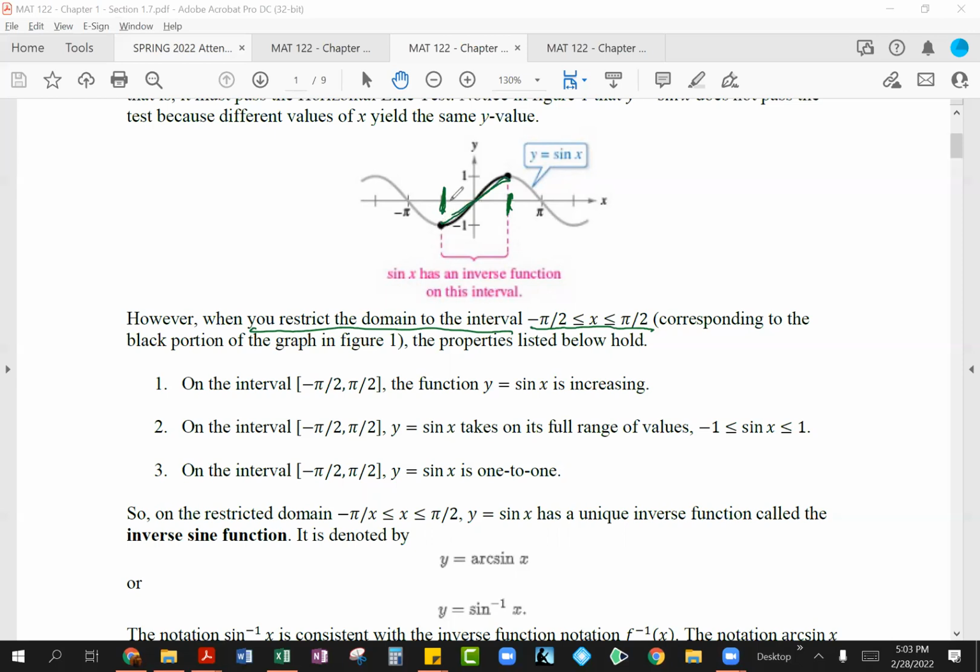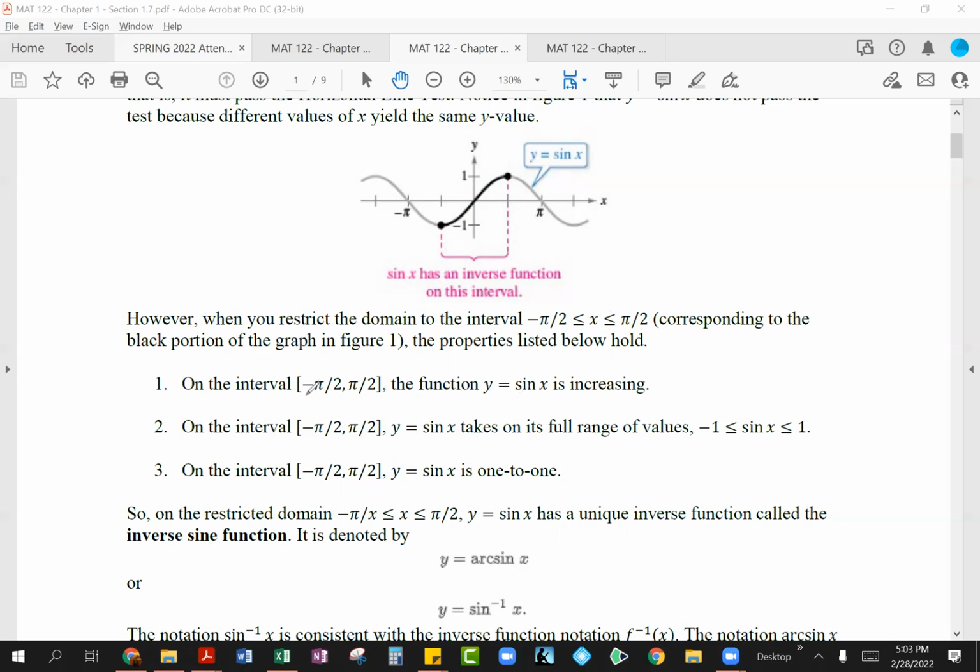So if we restrict the domain, we say the x values can only go between these two numbers, including them, so that means none of these parts of your graph exist. And if they don't exist, then if I draw a horizontal line, it only crosses at one point. So by restricting the domain, we are actually able to create its inverse function.